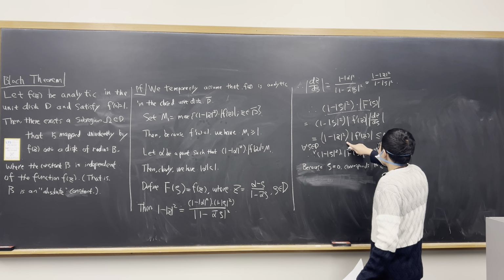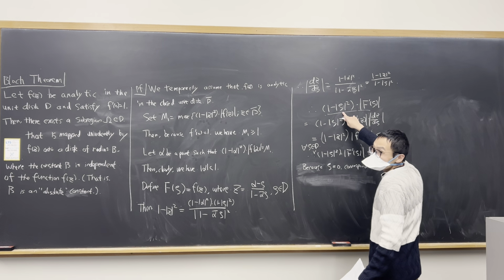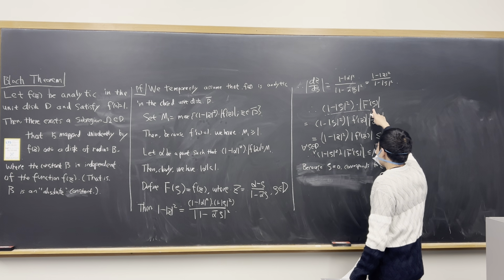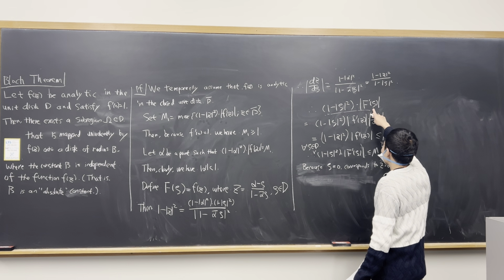This becomes 0, this whole thing becomes 1, and the left-hand side of this equation will be just modulus of f prime 0.